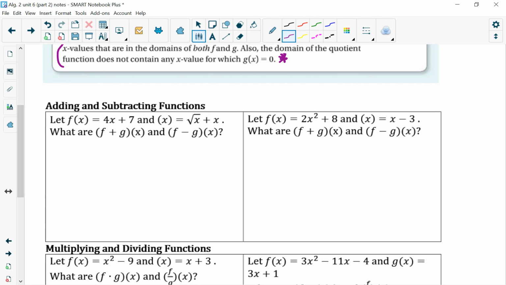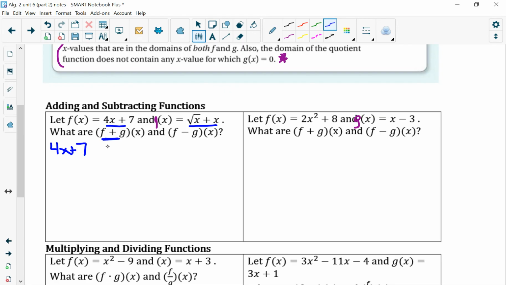So adding and subtracting. f of x equals 4x plus 7, and g of x equals the square root of x plus x. What are f plus g of x and f minus g of x? Well, to find f plus g of x, I am just going to take my two functions and add them together.